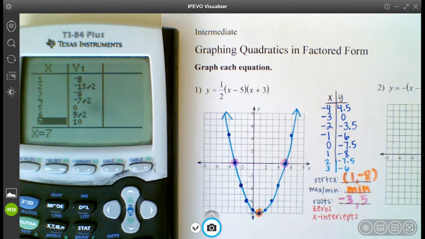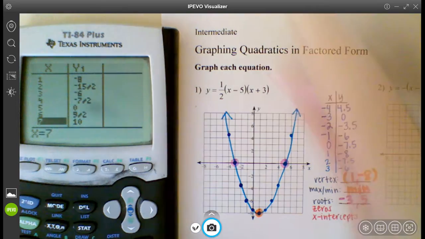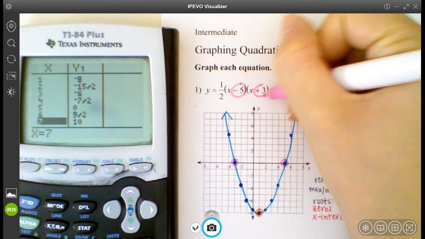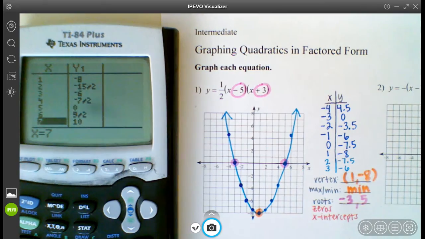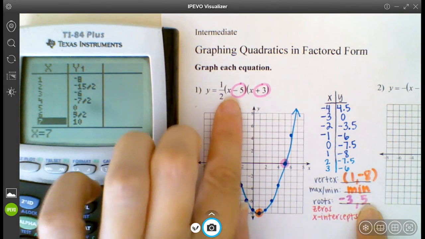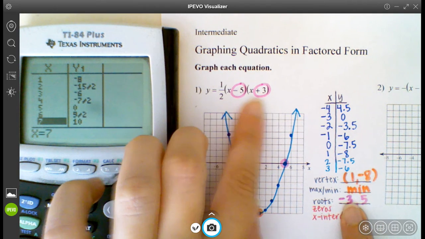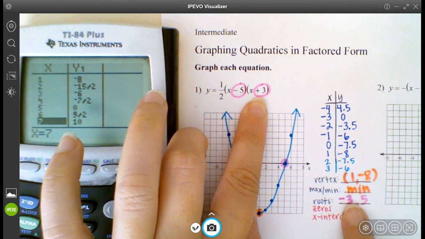Now, notice that your roots actually come from what's inside the parentheses or your factors. But notice that the 5 is the opposite sign, and the 3 is also the opposite sign from the parentheses.